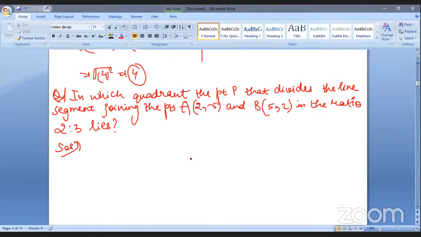So let us discuss how it is the fourth quadrant. See, x positive, y negative. Correct. Very good. So here we have a line segment, let it be AB, with A (2, minus 5) and B (5, 2). There is a point P which divides it in the ratio 2:3.